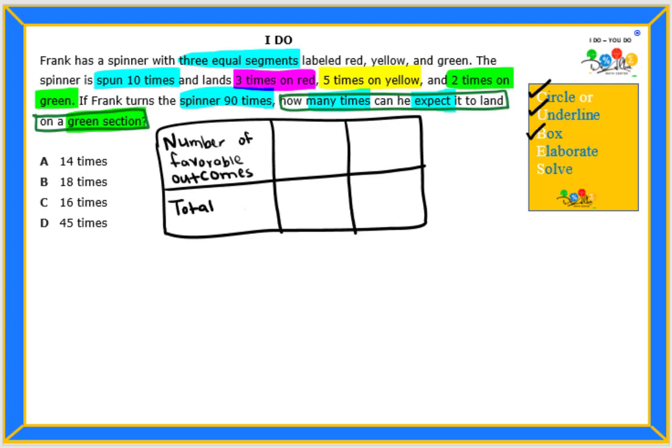Okay, so remember that in the question, we want to land on a green section. So the favorable outcome is green. So I want to know how many times I can get green out of the total.